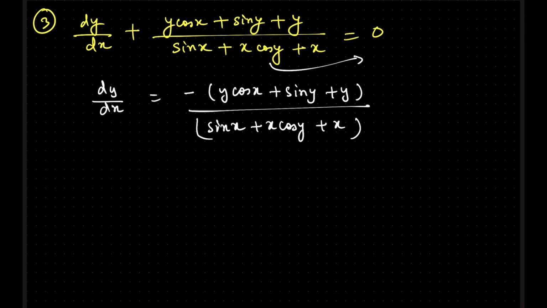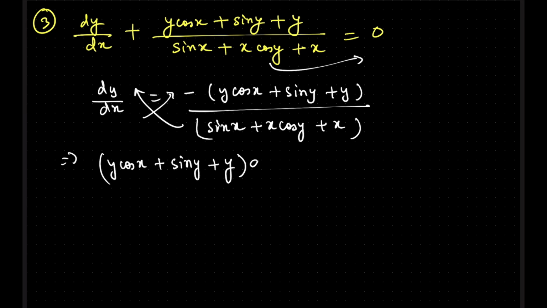Now cross multiply and bring everything to one side, so you will get (y cos x + sin y + y) dx + (sin x + x cos y + x) dy = 0.